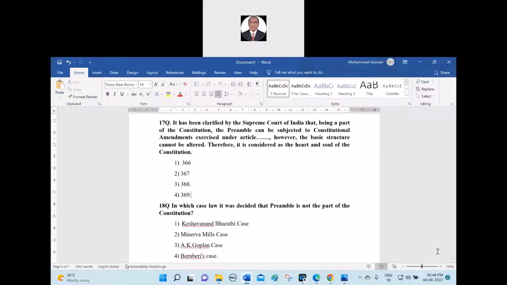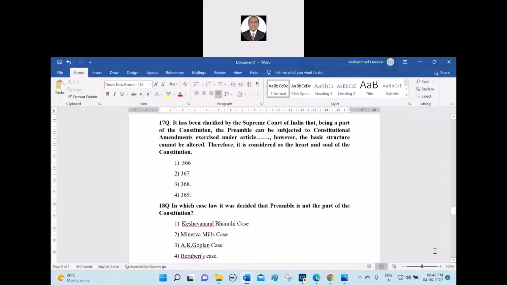Again, a supplementary question, just before I explain to you: in which case law is the preamble considered a part of the Constitution? Option 1. The case law is Kesavananda Bharati versus State of Kerala.